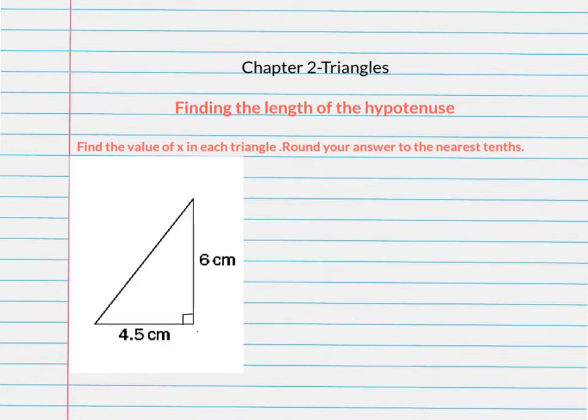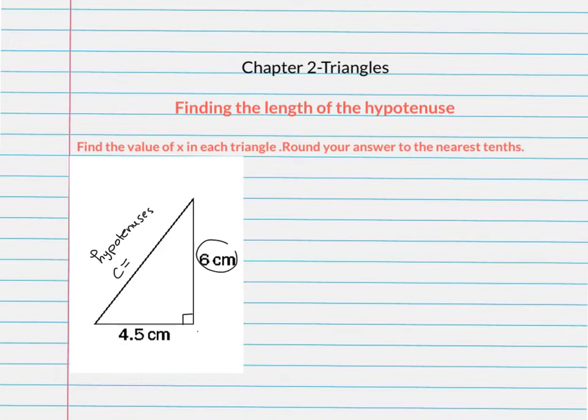Another example, we have here a right triangle because the right angle sign is present, and the side that is facing it, which is the hypotenuse, has an unknown measure that we need to find. We have 4.5 and 6.